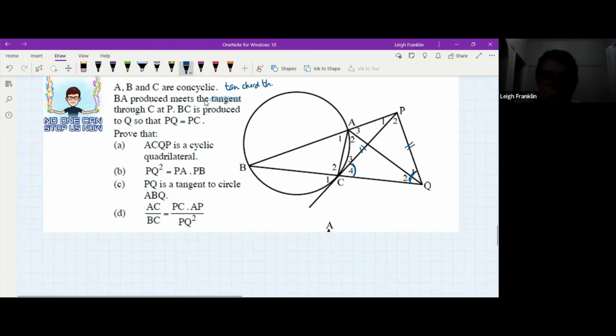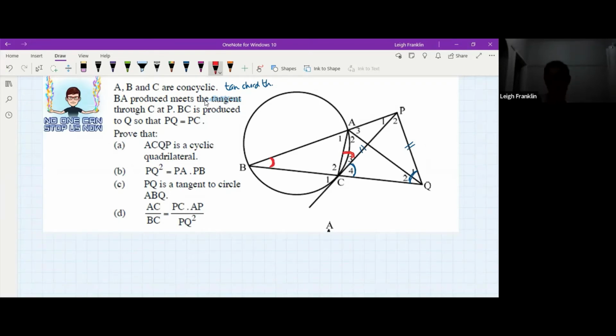We also know from this diagram that PC is a tangent. So angle C3, the angle between the tangent and the chord AC, is going to be equal to the angle in the alternate segment, so that would be equal to B over there.